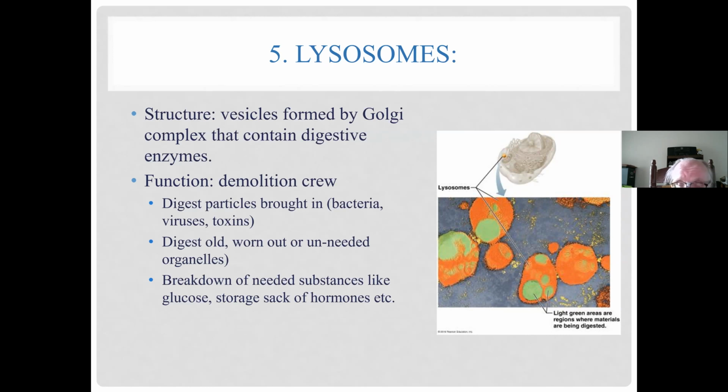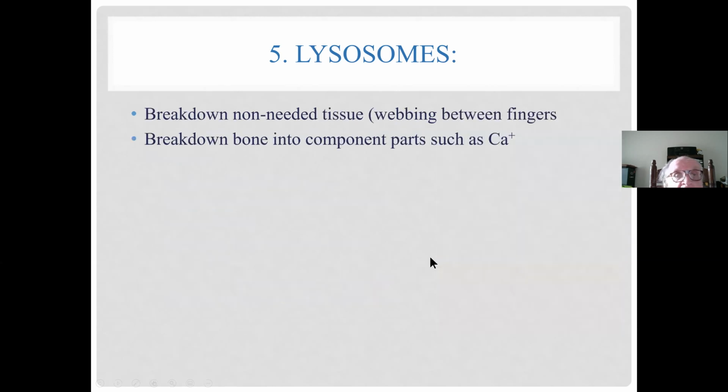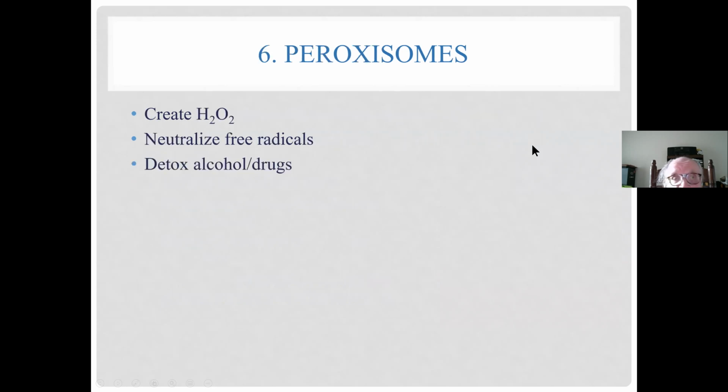Whatever it can't use will be ejected out of the cell by way of exocytosis and probably picked up by the macrophages, one of the scavenger cells in the body. Or if you need to break down glucose or storage racks of hormones, that lysosome can do that. Also, before we're born, we have webbing between our fingers. The lysosome is one of the things that do that. It can also break down bone if we need to have calcium released.